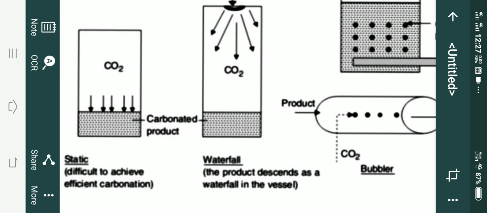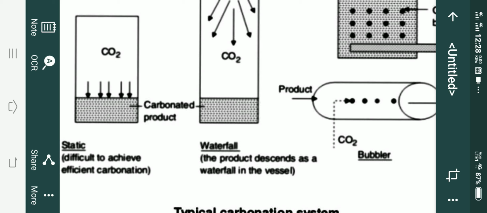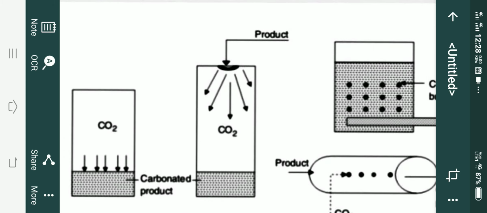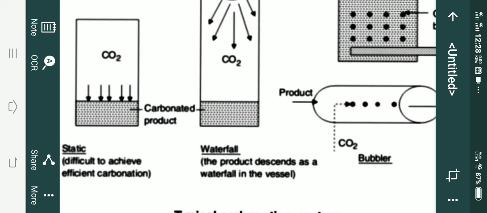And in the waterfall tank, the syrup descends as a waterfall. As we can see, the syrup of the product or the drink descends as a waterfall, and carbon dioxide is there in the tank, and this mixes with the waterfall of the soft drink, and the carbonated product is there.